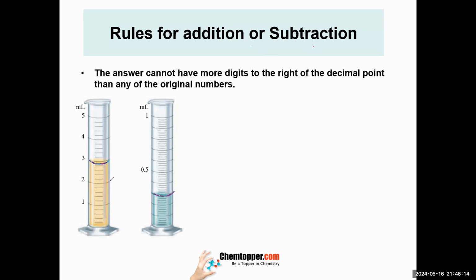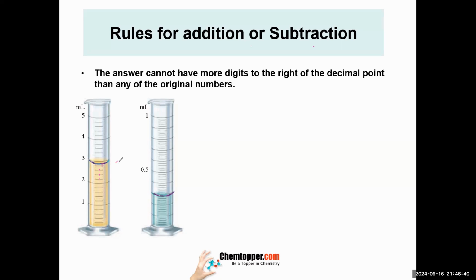So what's the volume here? 1 is marked, 2 is marked. So it is 2.2, 2.4, 2.6, 2.8. Now it is between 2.8 and 3. It's below 2.9. Now I have to estimate because this is not marked.